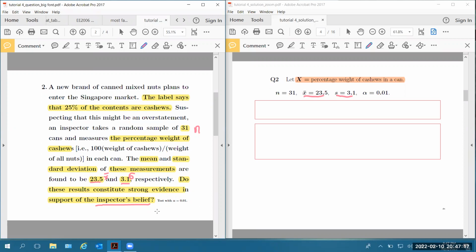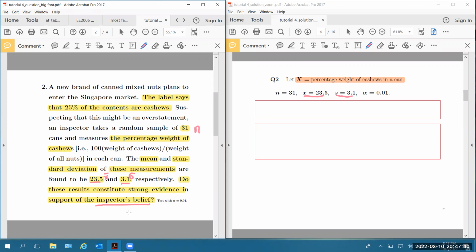So you need to go and test the inspector's belief. Everybody okay or not? So this will be our H1. Our H1 is going to be the inspector's belief. So now we know what our H1 is already.